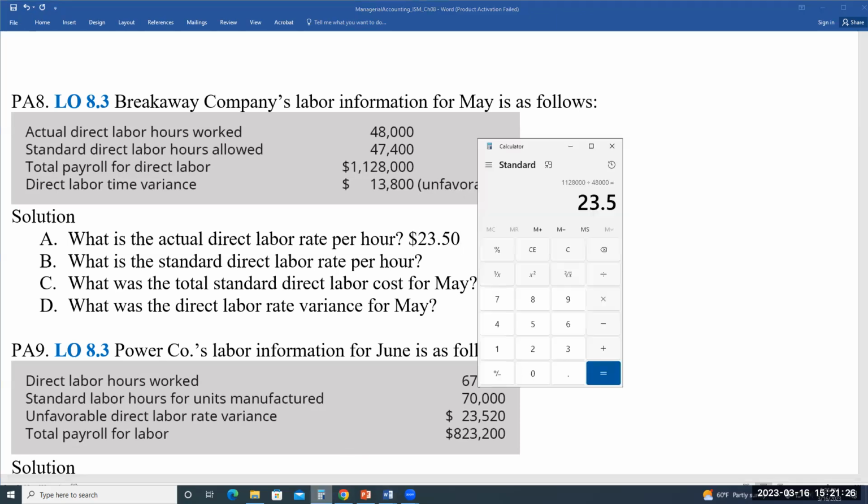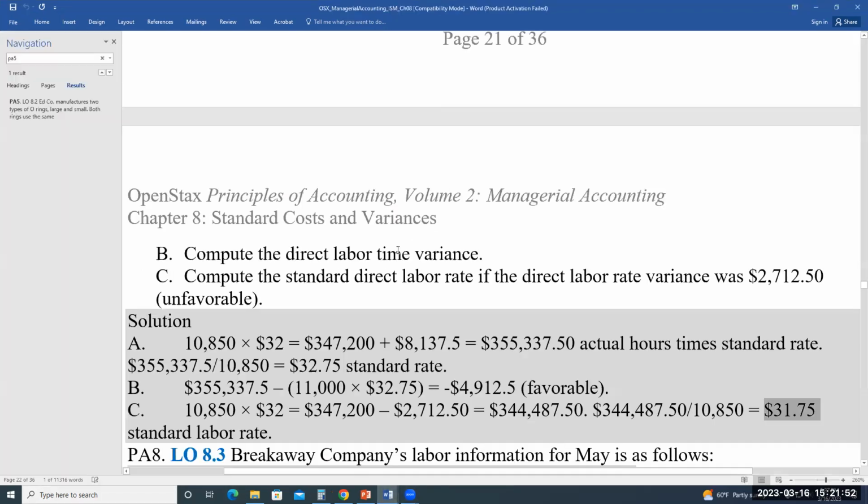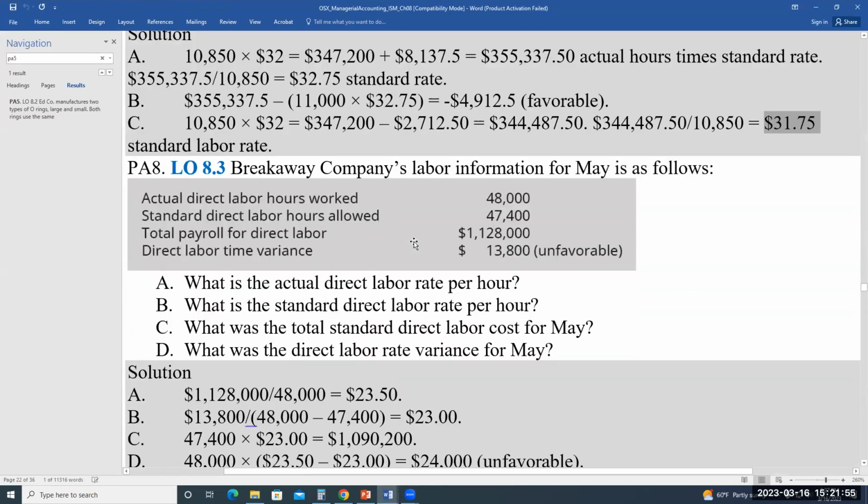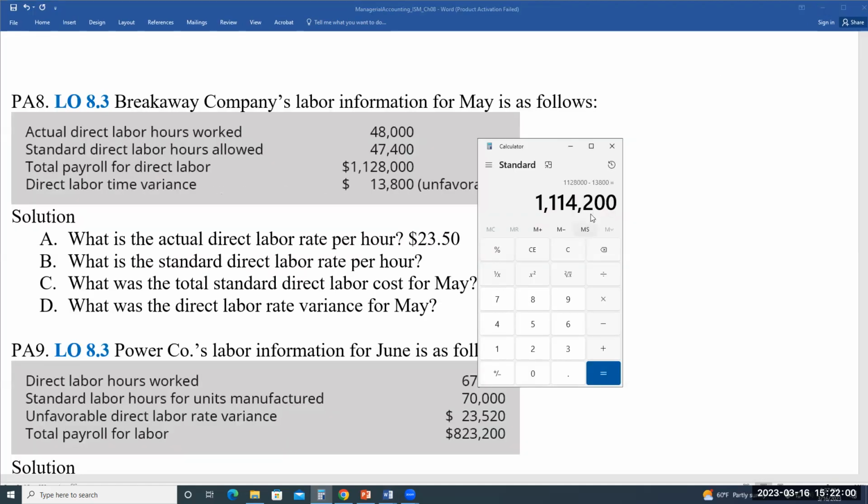So we have to take this 1,128,000, subtract variance to get the standard cost, and divide that by, I think it's the actual hours. Make sure though. Well, they do it a different way. Okay, let's see if my way works.